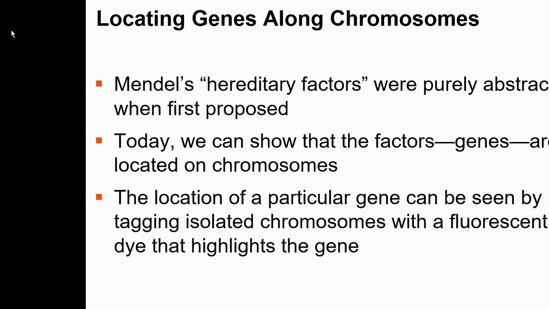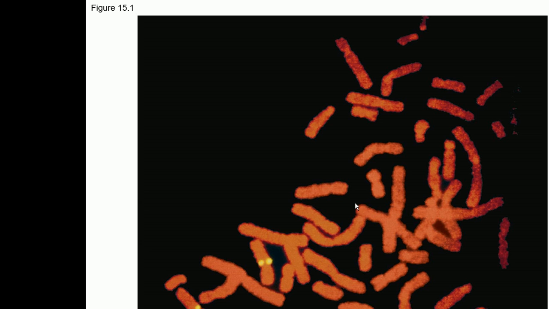Now we call those heritable factors genes. We also came to know that these genes, which are made of DNA wrapped over proteins, are located on the chromosomes. We can tag these genes with fluorescent markers and show all these things now.